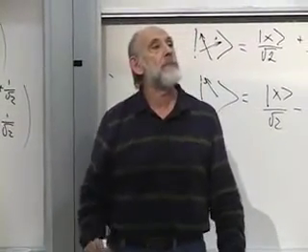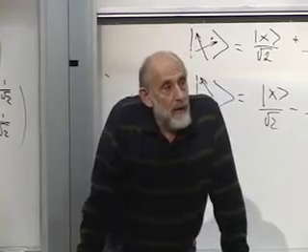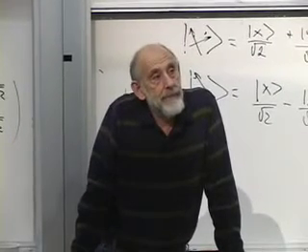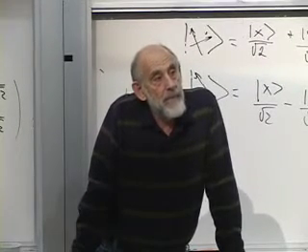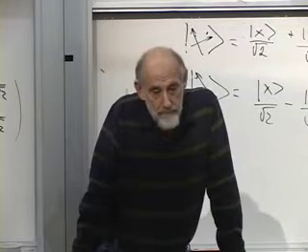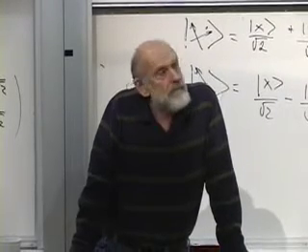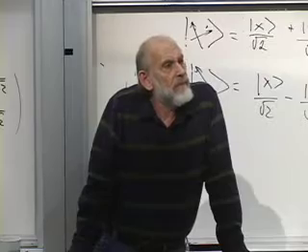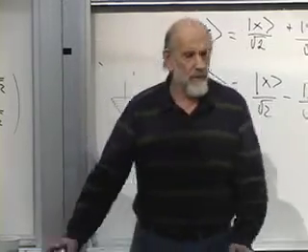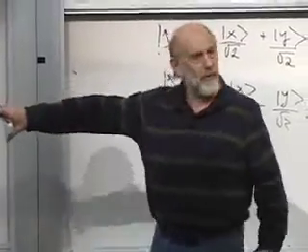Yeah? The probability of a photon getting through a polarizer seems to be observable. Yep. And yet you don't have an operator for it. Wait, excuse me. What I've been doing here is the observables for polarization.